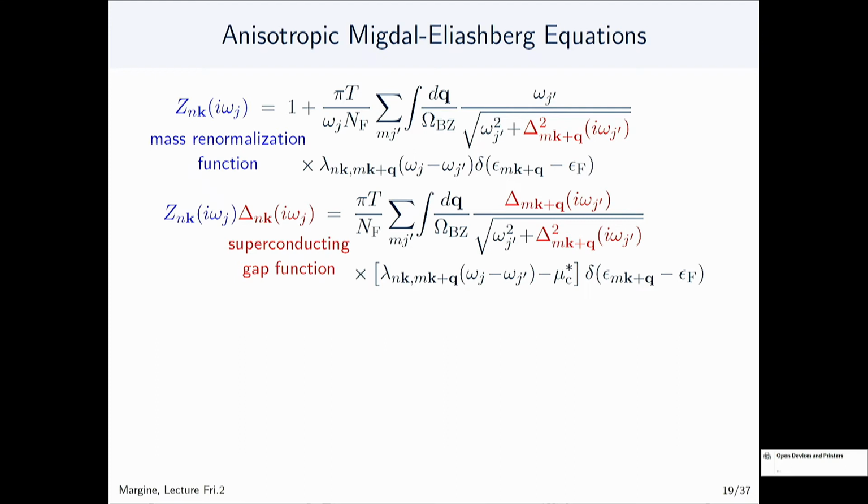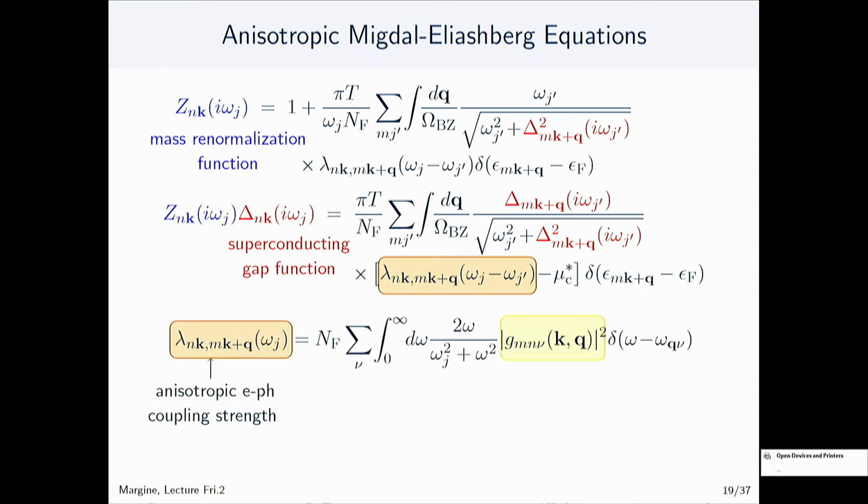We can see that the two equations are coupled, and if you want to solve them to get the superconducting gap, the key quantity that enters is this anisotropic electron-phonon coupling strength, which is estimated based on the electron-phonon matrix elements.